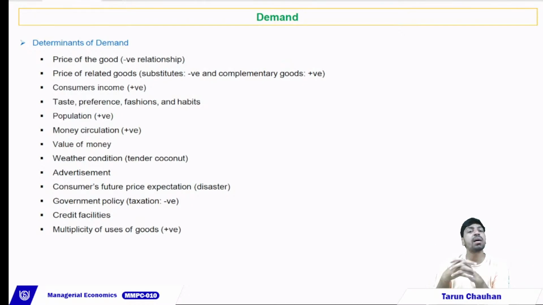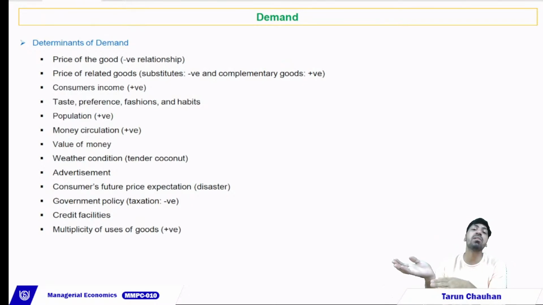So that's why substitute goods have a negative influence and complementary goods have a positive influence. Because with complementary goods, if one good is available, then definitely the second good will also be available because they are used together. They are incomplete if one good is not available. If the French fries is not available, then ketchup would have no use.